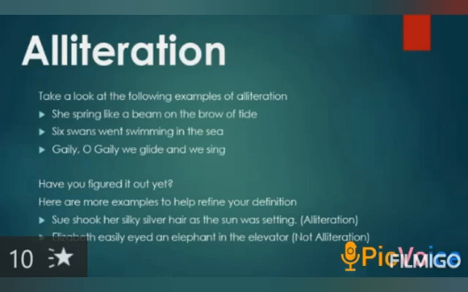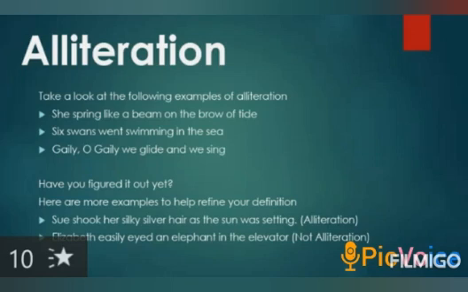Now you have seen these examples. What did you guess? These are examples of which figure of speech? Just imagine, quickly think and guess. Yes, these are examples of alliteration. What is alliteration? It is a repetition of consonant sound.